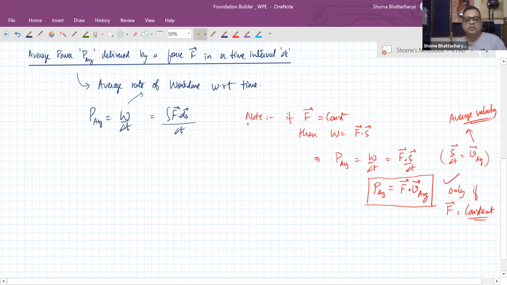Okay. So in general, this is the proper definition of average power. But specifically, it becomes the dot product with average velocity provided the force is constant.